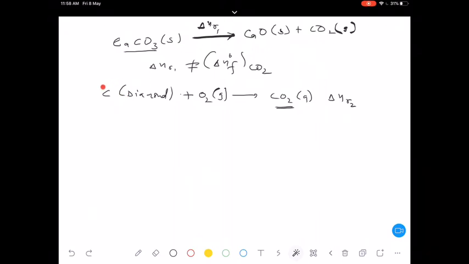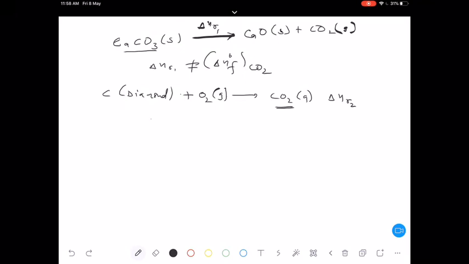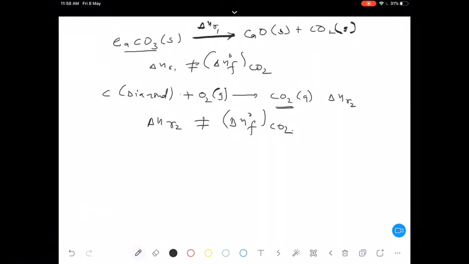Diamond is not standard state, right? So again we are going to write delta HR2 is also not considered as standard heat of formation of carbon dioxide. Is it clear to everyone?